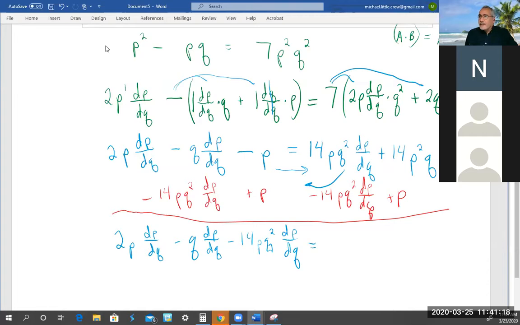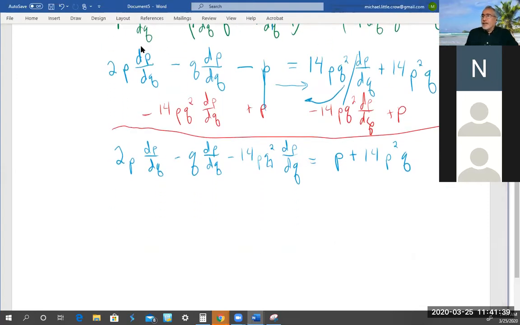That's on this side. The p came over here, so this canceled out. I guess that canceled out there. So on this side we have, either way, I'm going to write as p plus 14p squared q. Again, order doesn't really matter.